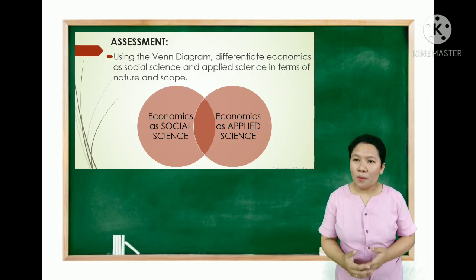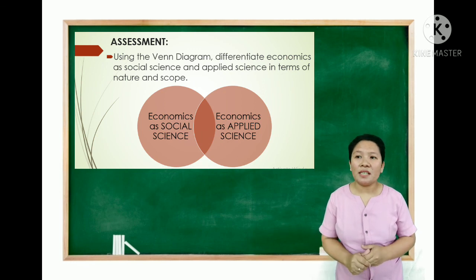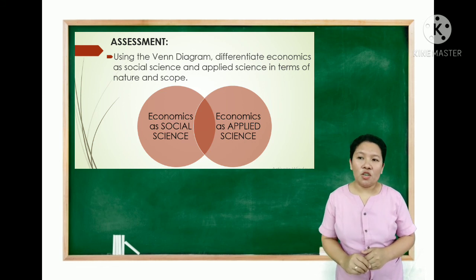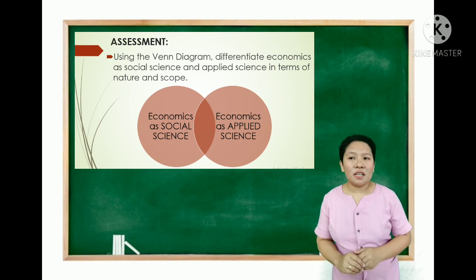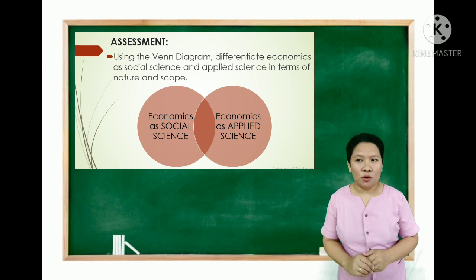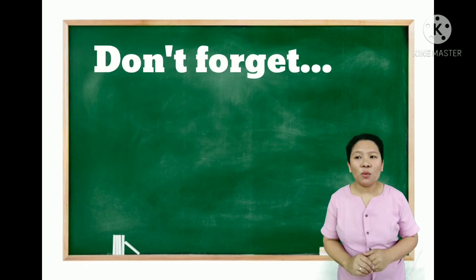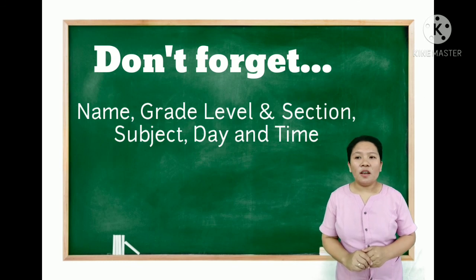Using the Venn diagram, differentiate economics as a social science and applied science in terms of nature and scope. You write your answer in your white booklet and you're going to submit it on your next drop-off schedule. Do not forget to write in your white booklet the following: your name, grade level and section, subject, day and time.